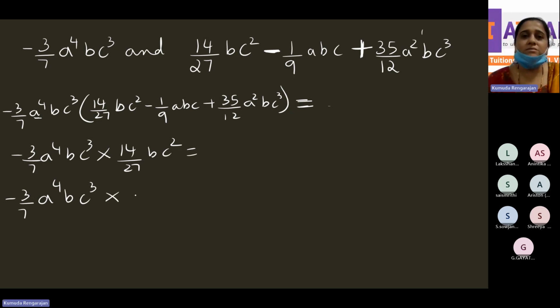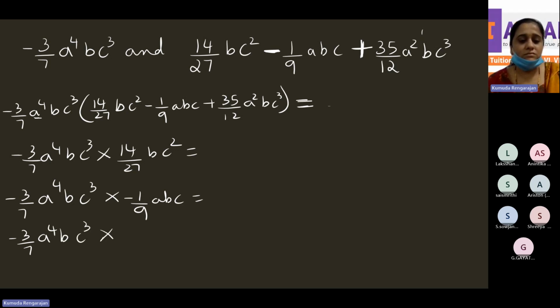Where is the second term? Then minus A 4 B C 3 into 35 multiple A2 B C.